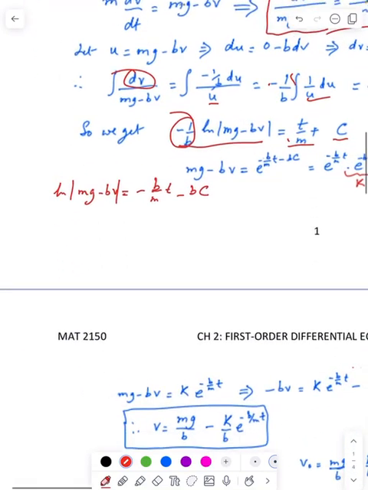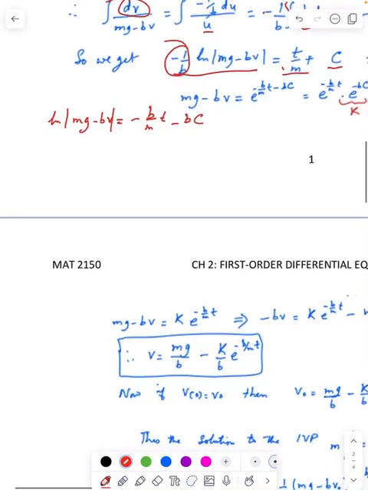So we want v, so we want to isolate v here. So v is hidden inside the logarithm over here. So we cannot just pull it out directly. We have to do something. We have to basically get rid of this ln here. How do we do that?